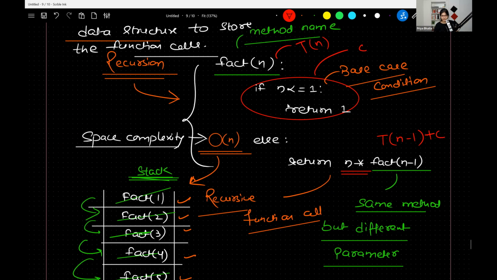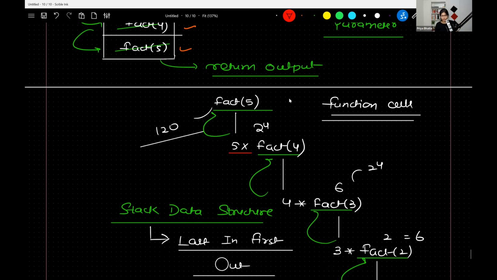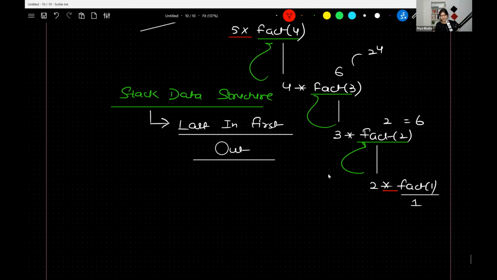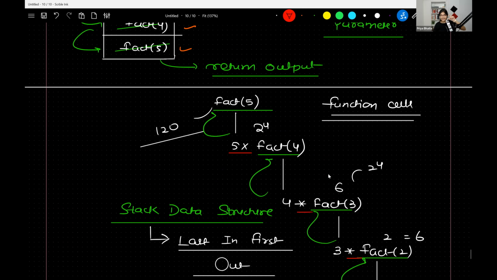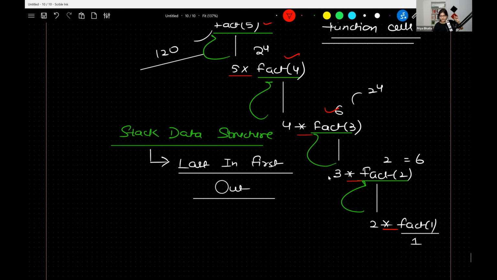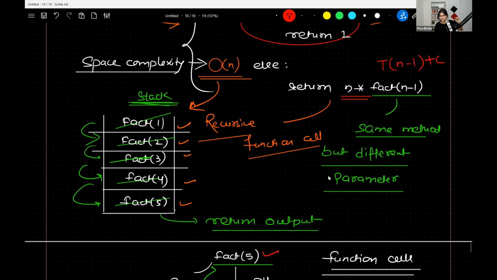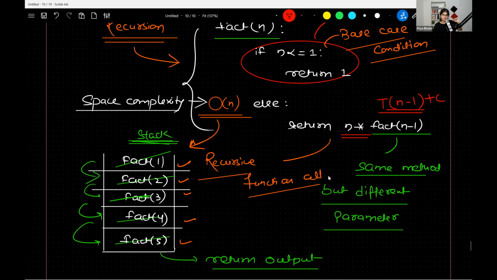For example, here you are saying 5 into 24, or 4 into 6, or 3 into 2, or 2 into 1. This multiplication task is a constant task. But the important factor is how many times you are repeating this function call. And you are taking care of that with this term, T of n minus 1.